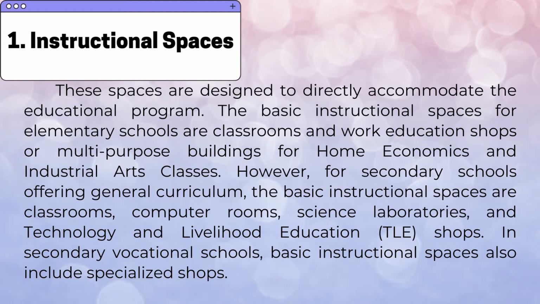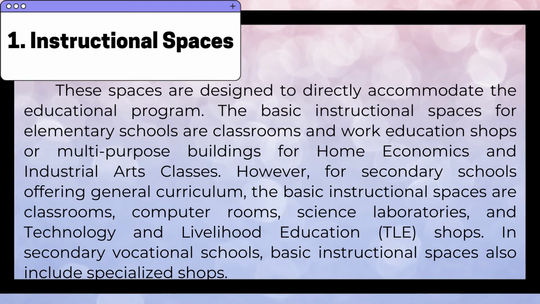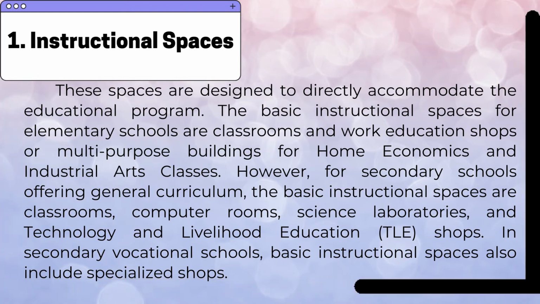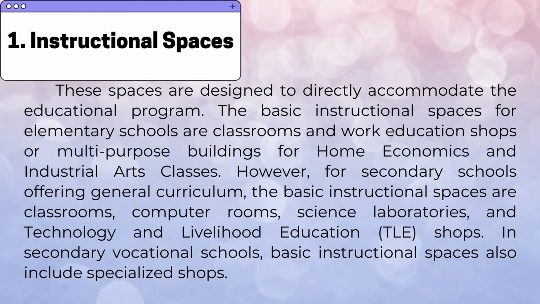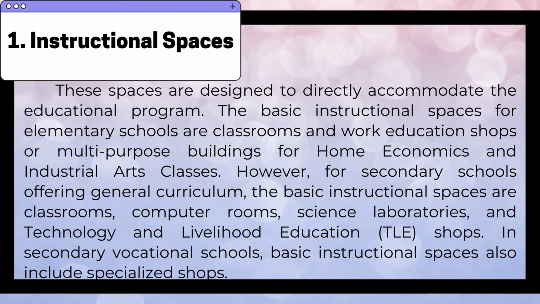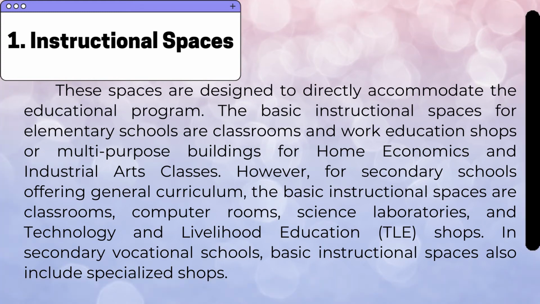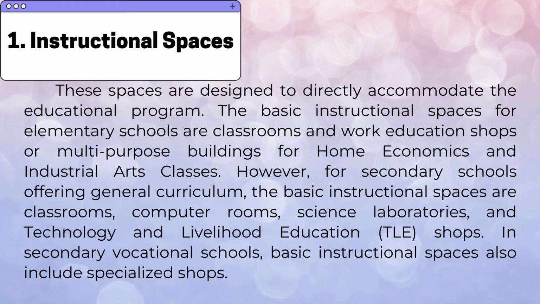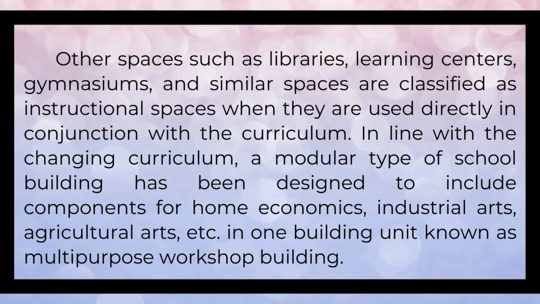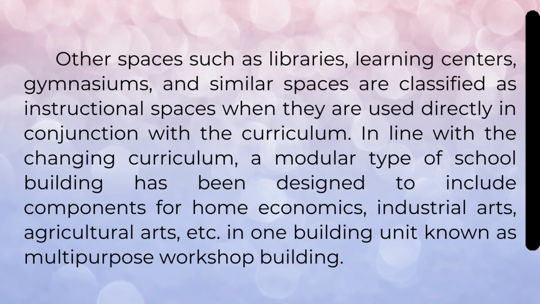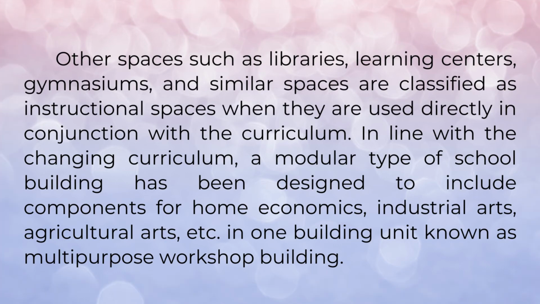However, for secondary schools offering general curriculum, the basic instructional spaces are classrooms, computer rooms, science laboratories, and Technology and Livelihood Education or TLE shops. In secondary vocational schools, basic instructional spaces also include specialized shops. Other spaces such as libraries, learning centers, gymnasiums, and similar spaces are classified as instructional spaces when they are used directly in conjunction with the curriculum.